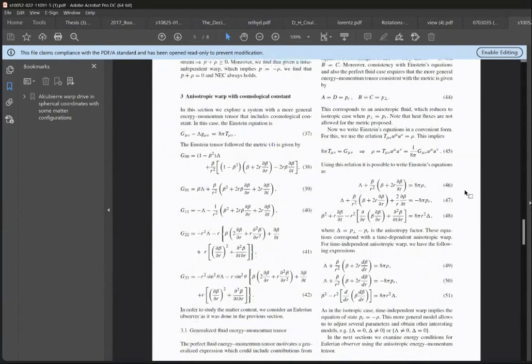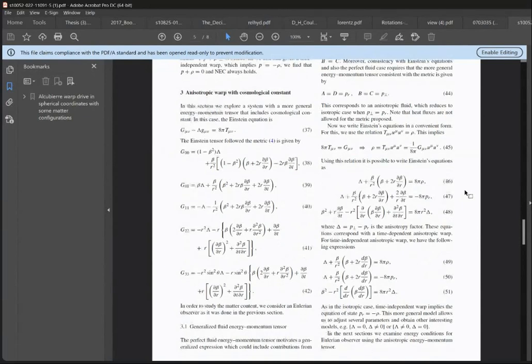Then, plugging in this general T mu nu, we can see what the relation with G, the Einstein tensor, tells us about the possibilities that we have here.